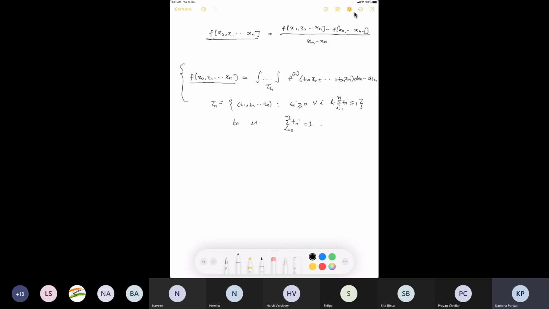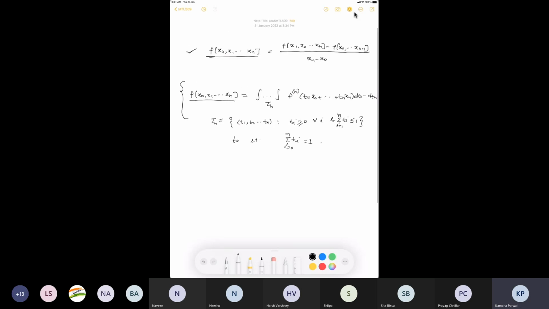If they coincide, we cannot use this formula. If any two xi's are the same, I cannot use this formula, right? So that is the assumption we have when we prove this result.